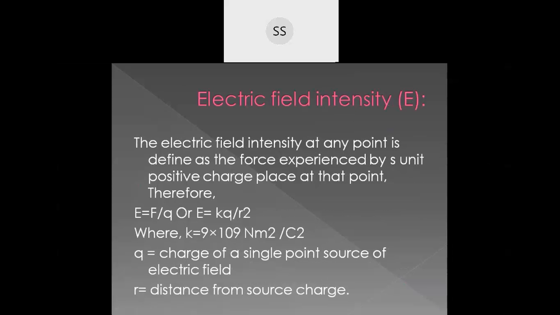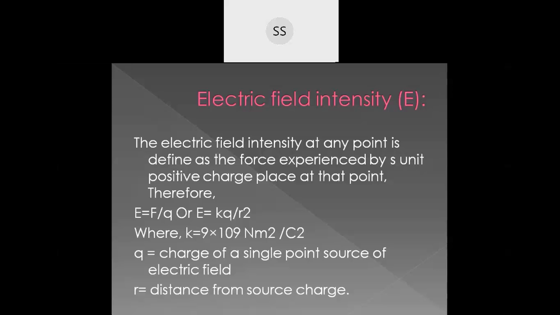So we know that when we put a charged particle in an electric field area, it will get attracted or it may get repelled. The amount of force it gets at any particular point is the electric field intensity at that point.